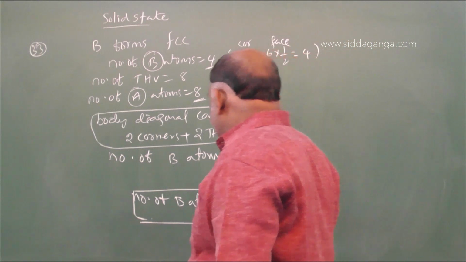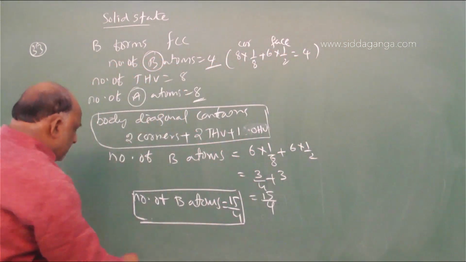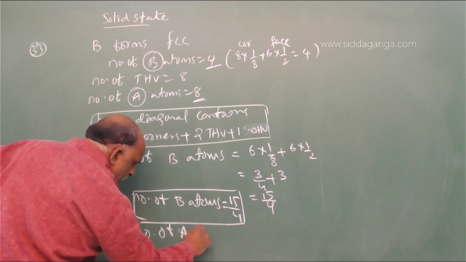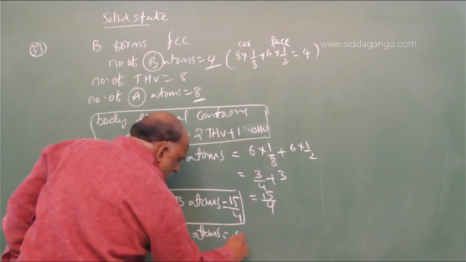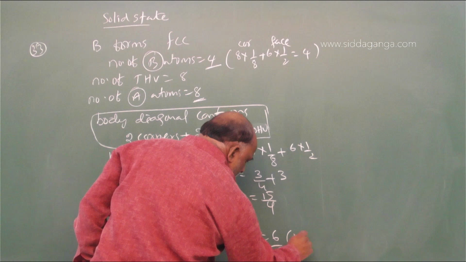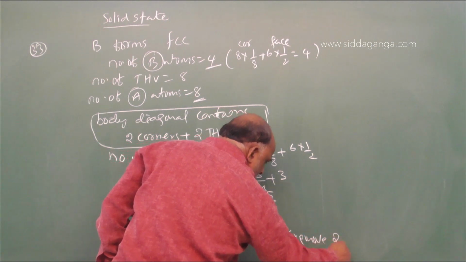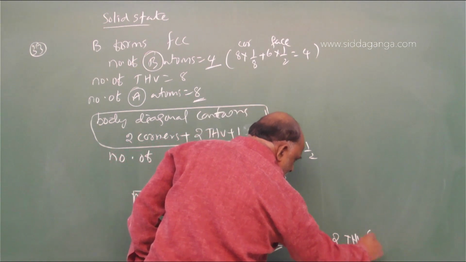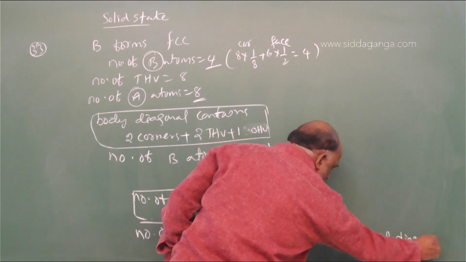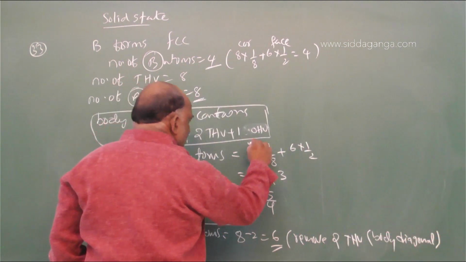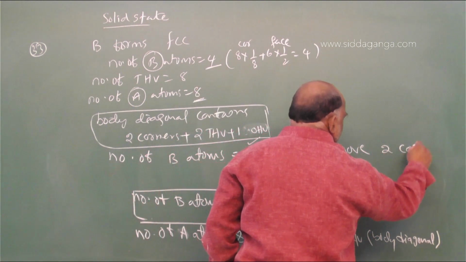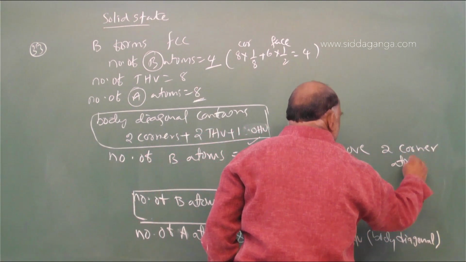And number of A atoms is 8 minus 2, equal to 6, because we remove 2 tetrahedral voids and 2 corner atoms along the body diagonal.